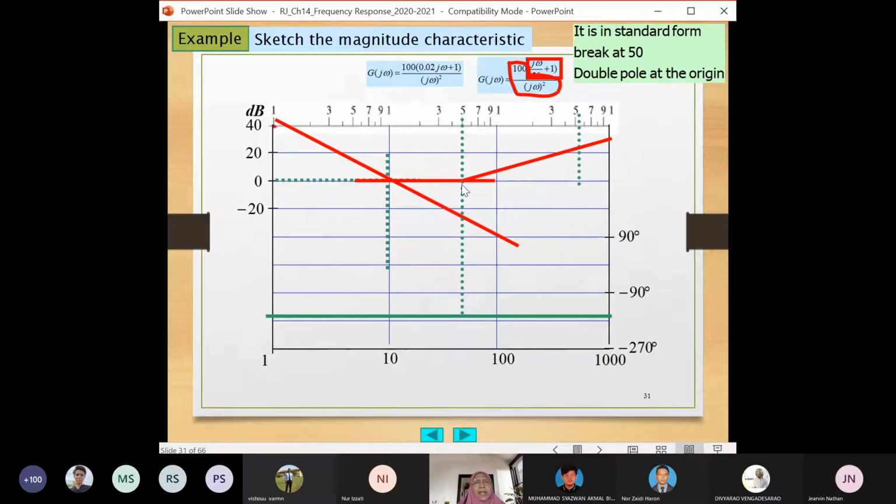Because it's at 50, you find 500, 0 to 20. So the line is not that accurate, but it's actually meant for 20 dB per decade. So this part is actually for the numerator part, j omega over 50 plus 1.